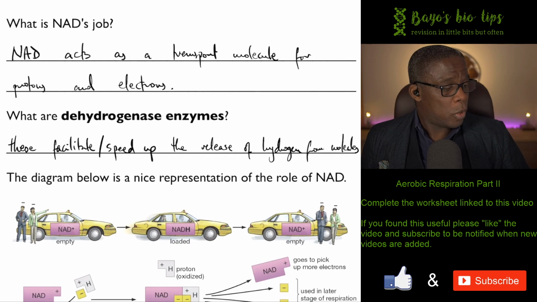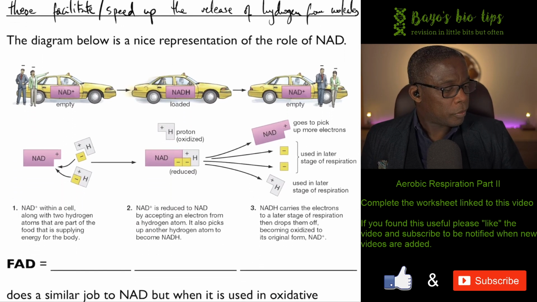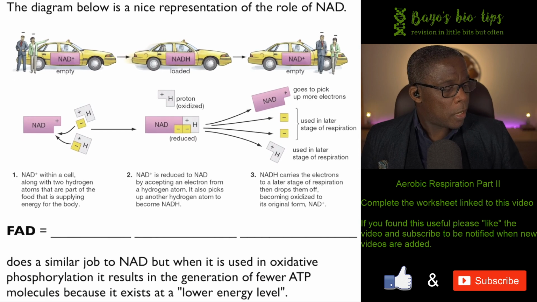So how does this work? Let's have a look at this diagram. In this diagram, we're using an analogy of a taxi cab. When NAD is in its oxidized state, before it's reduced, it doesn't have any protons or electrons attached.